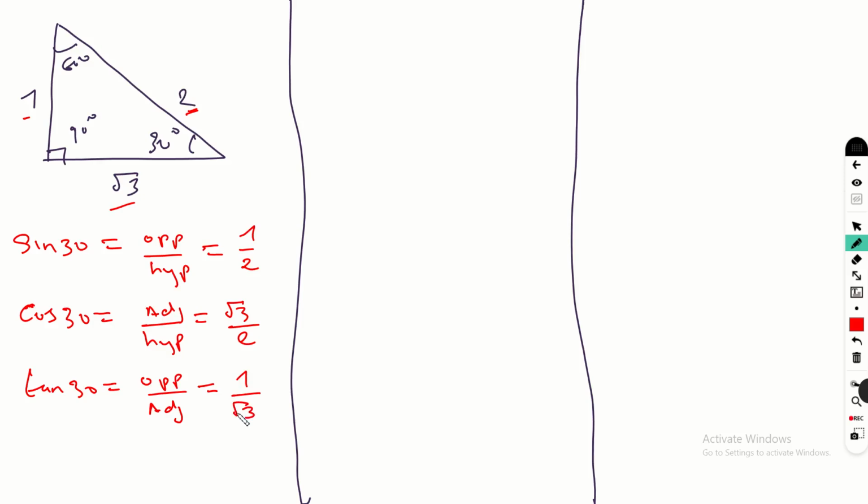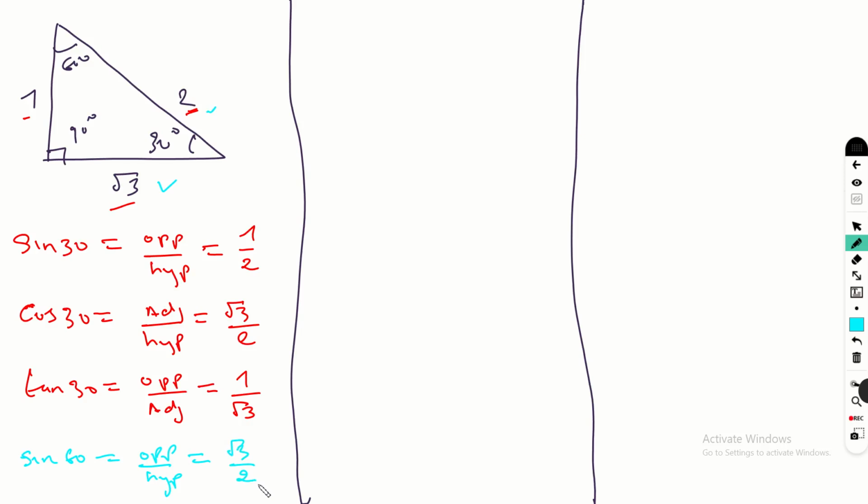Now, let's look at the other angle, 60. What's sine 60? Sine 60 will be equal to opposite over hypotenuse. So what's my opposite? You see this is your opposite. So we have root 3 and 2.